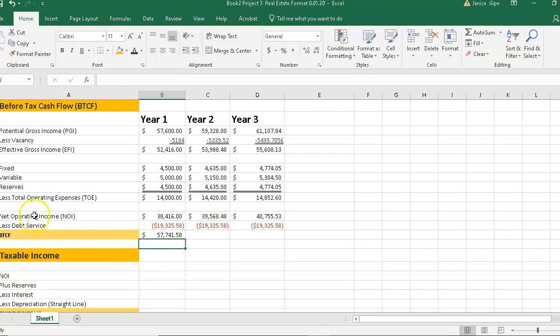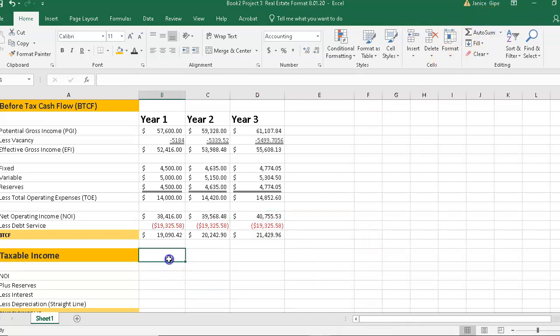That is not correct. Let's go back. Let's try to do this the correct way. So auto sum. Okay. And then again, auto sum these, which will give us a before tax cash flow.